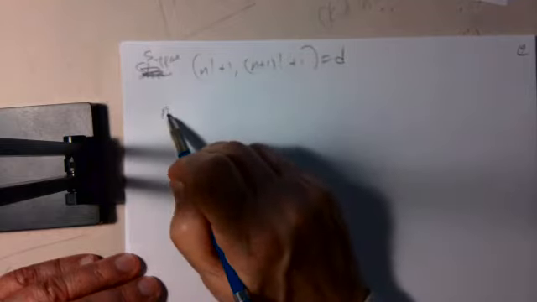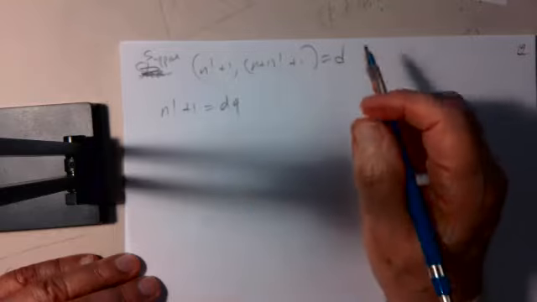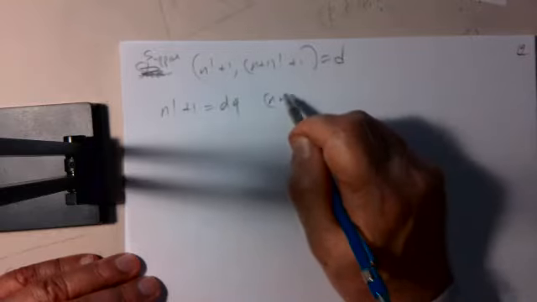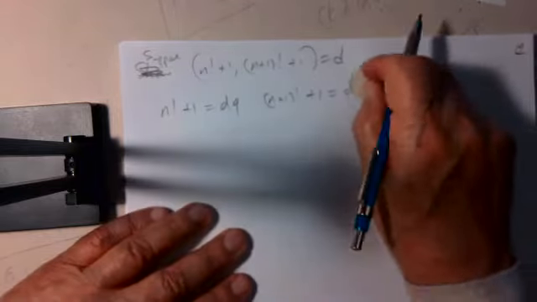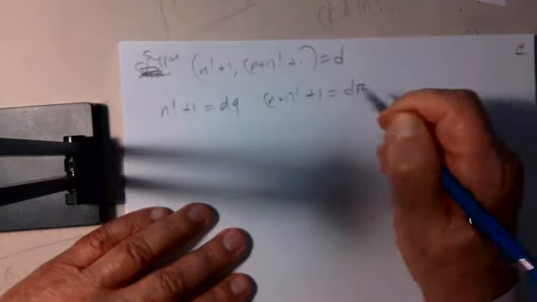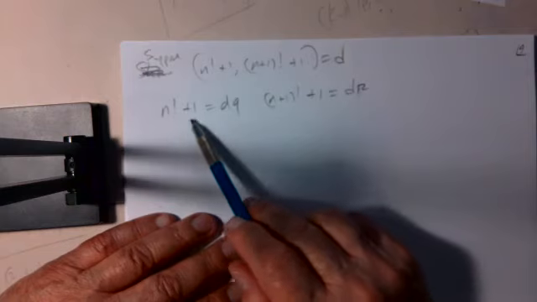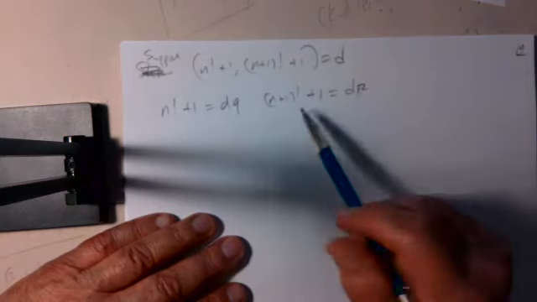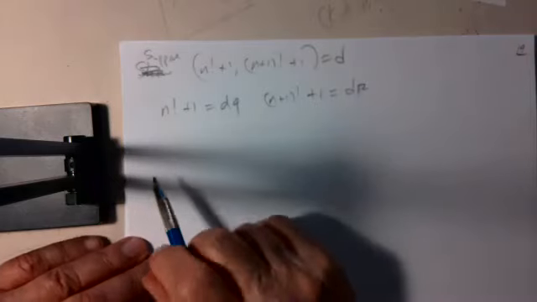That means that n! plus 1 is d times q, and (n+1)! plus 1, I'll say it's d times r. Right? So d divides this, so this number is d times an integer q. d divides this, so this number is d times an integer r.